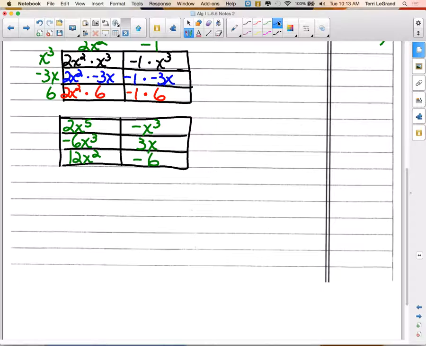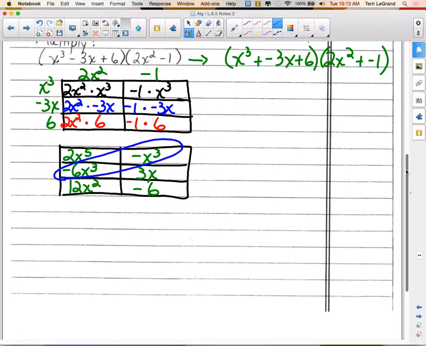Typically, but not always, diagonals will be like terms. In mine, I see some like terms right here. Are there like terms on the other diagonal? No. There won't always be, and I'll tell you why. Or can somebody tell me why they think there may not be any other diagonal like terms?